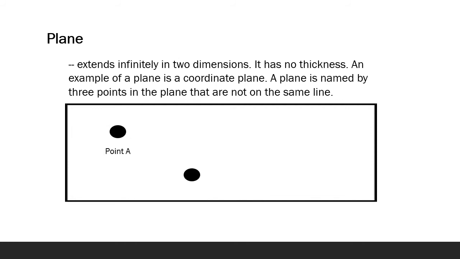We call them point A, point B, and point C. We signify them as plane ABC because they lie on the same plane. But if there is another rectangle with another letter, they are not on the same plane. So we will only write it as plane ABC if they lie on the same plane.